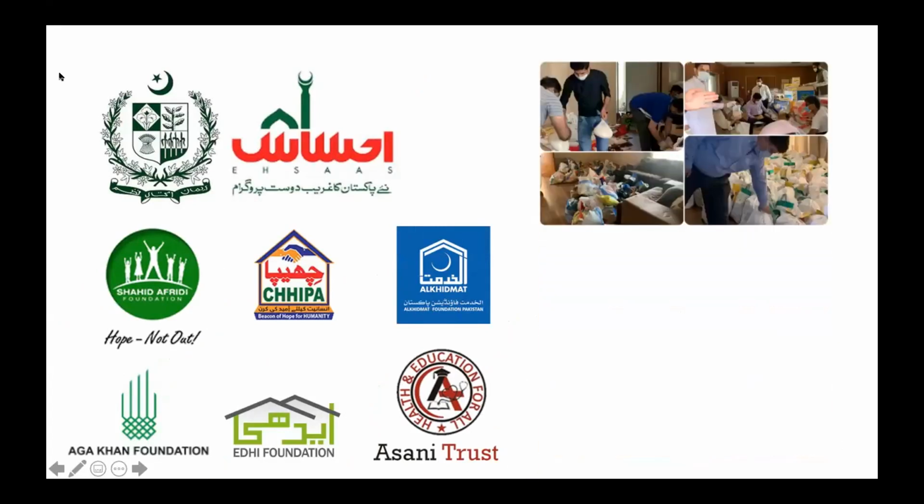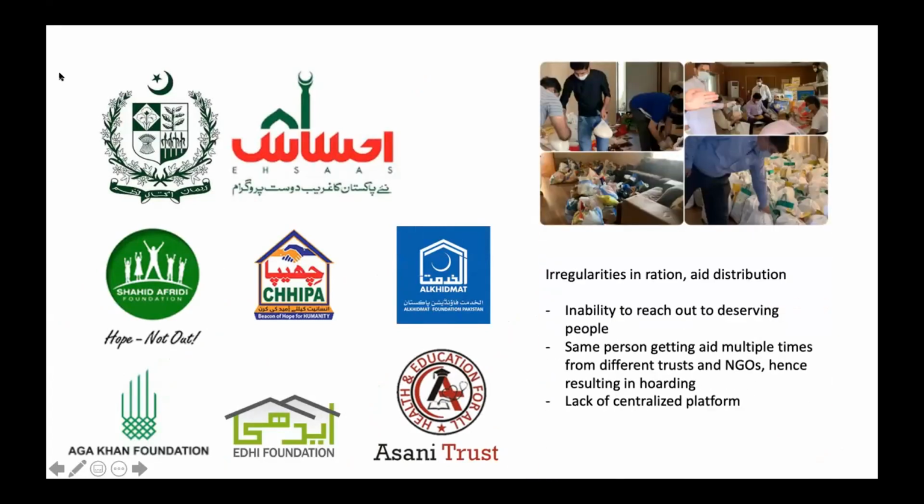As I mentioned earlier, we were volunteering and working with some of these NGOs, and what we noted about the problems those NGOs were facing was their inability to reach out to deserving people. There were irregularities in the distribution of aid, with the same person getting aid multiple times from different NGOs.